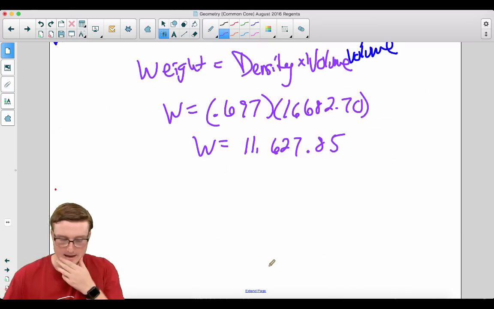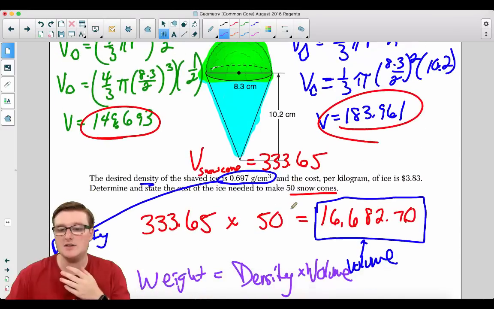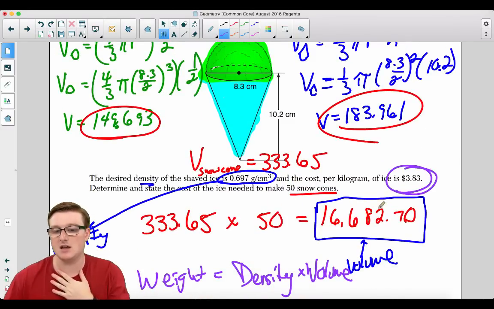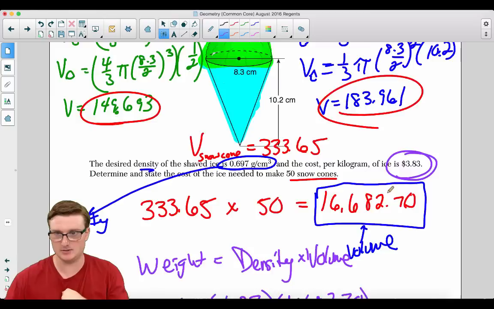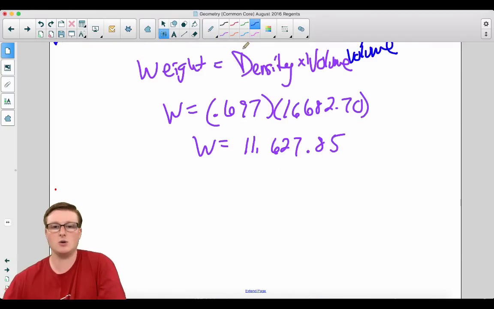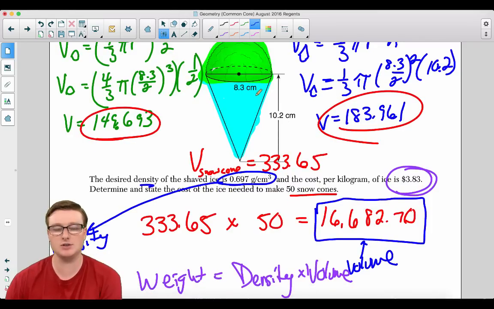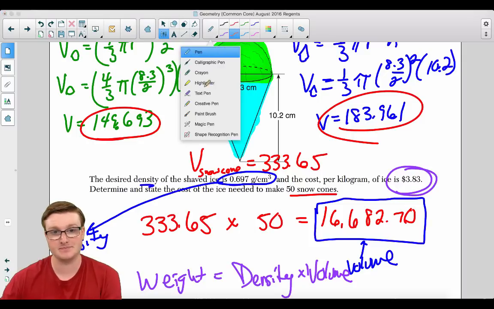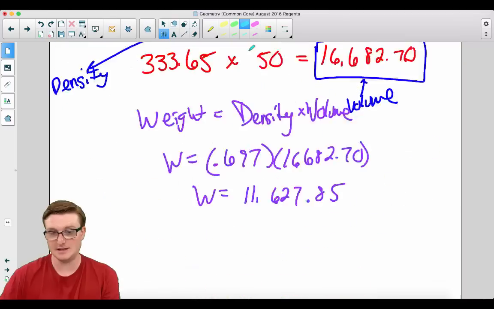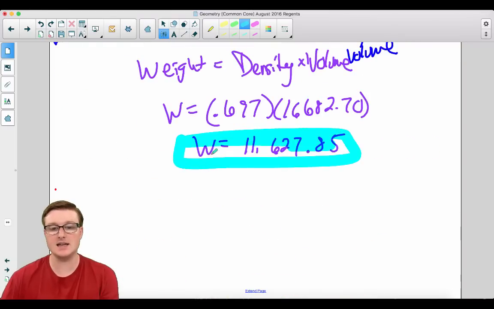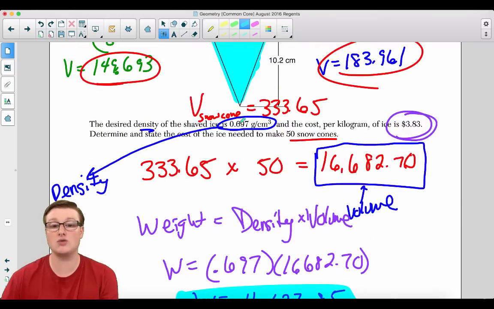Now we need to find the actual cost of this. The cost per kilogram is $3.83. So what I'm going to do is take my weight and multiply it by $3.83. But ladies and gentlemen, we have a serious problem, and it's right here. This unit of weight is in grams because your density was in grams.